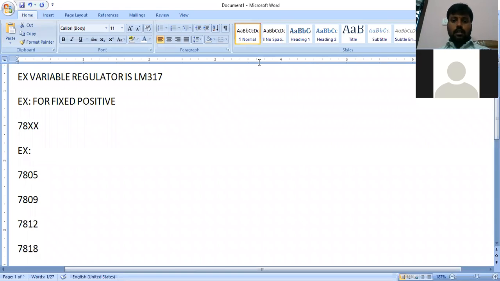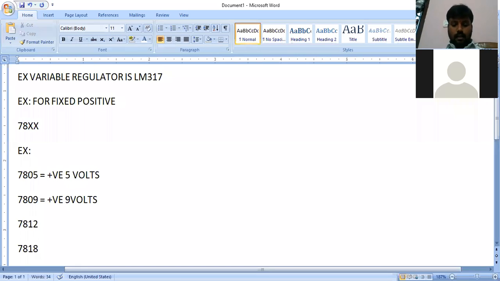And the last two letters, that is 05. Okay, 05 is giving positive 5 volts. And 7809 gives what? Positive 9 volts.